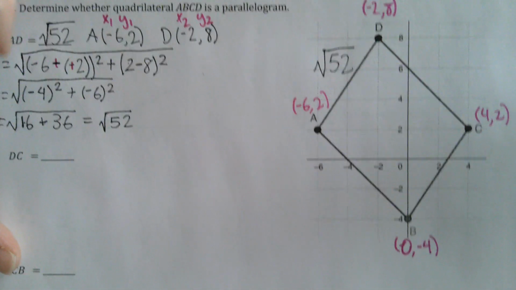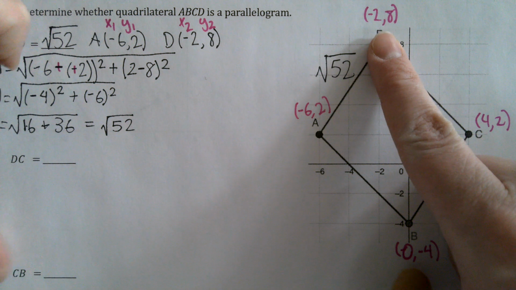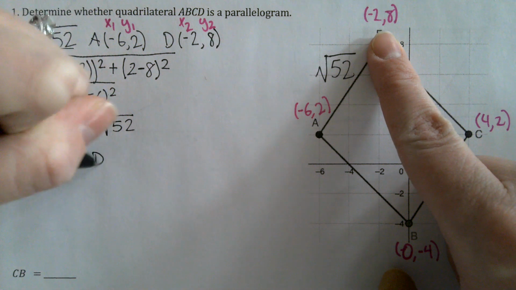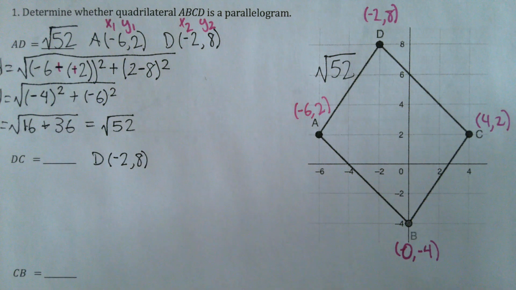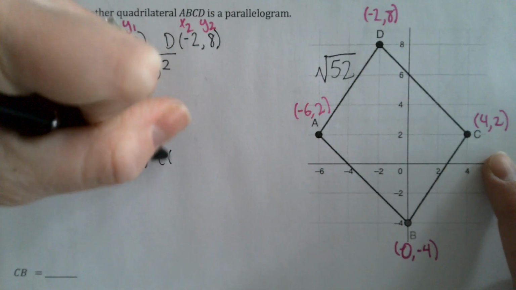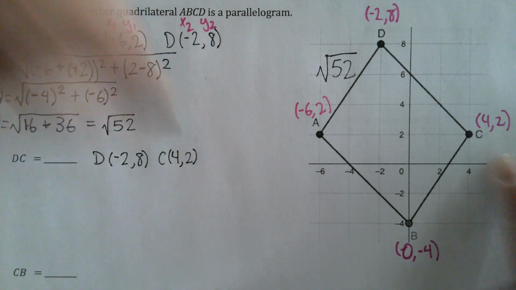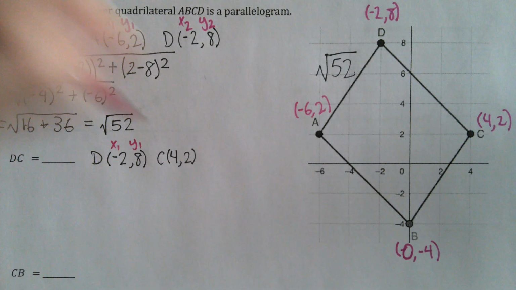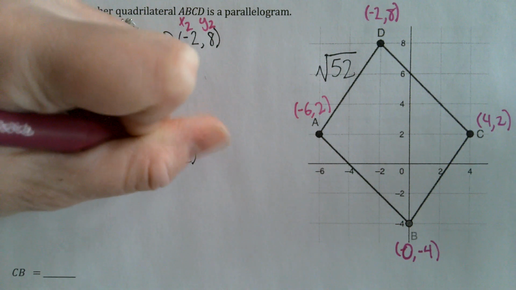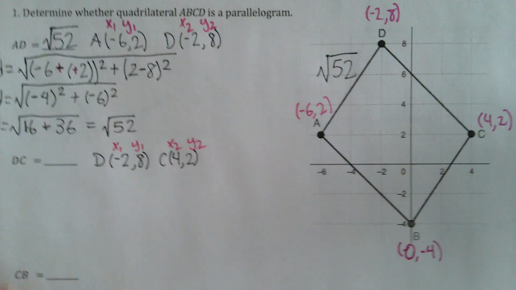So let's look at our graph here. D is -2, 8. I'm going to write my points down. C is 4, 2. Label x1, y1, x2, y2. Plug into your formula.